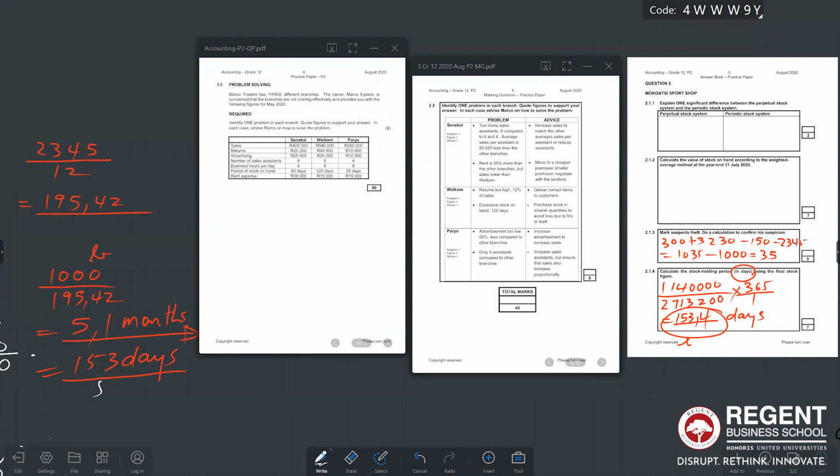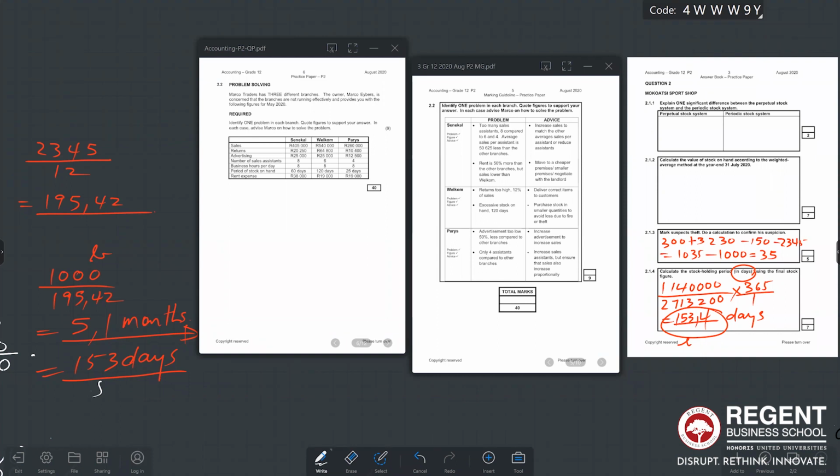That's how much each one is selling. But the average for Welcome is far higher. They didn't do that in the memo, but you could go and put the second part also. Divide 540 by 6, and 9 6s are 54, so 90,000. So in Welcome, one staff member sells for 90,000. But in Senegal, one staff member only sells for 50,625. So you can comment on those.